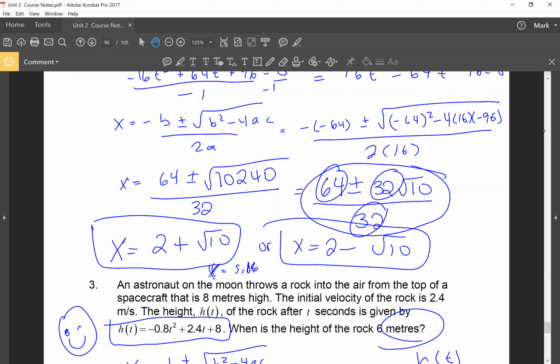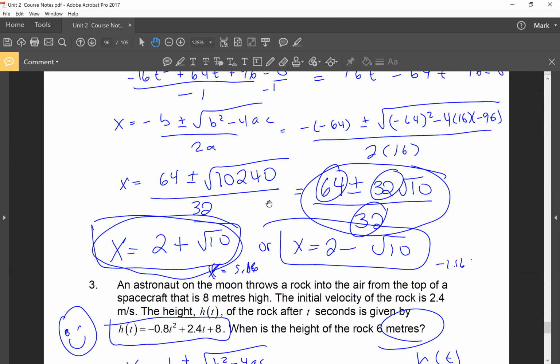And 2 minus root 10 would be negative 1.16. Obviously, you can't have a negative number for time.